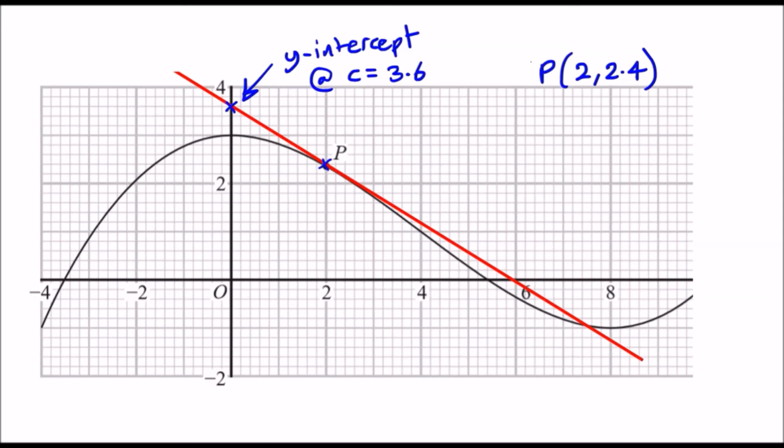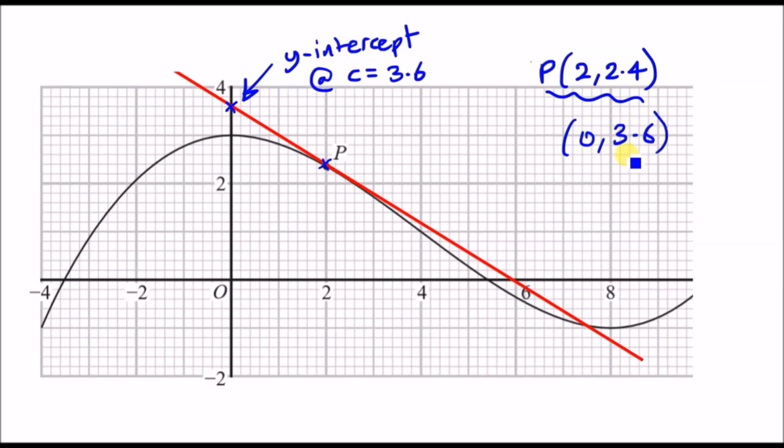And to calculate the gradient, you simply pick 2 points. What I chose is the one at P, which we said was (2, 2.4). And you'll probably realize that you should get a y-intercept of roughly 3.6. Now you can use this as a coordinate, because if you know the y-intercept, then you know the other coordinate would be (0, 3.6).